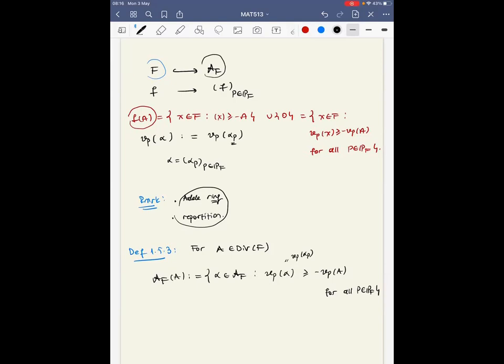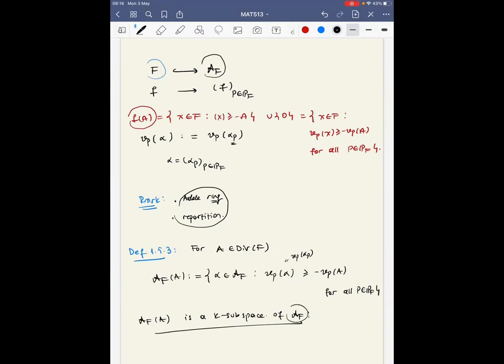But for the moment, let me also explain that the adele space, which is associated to a fixed divisor A, also forms a vector space over K, or a subspace of A of F, because obviously this is a subset of the adele space.